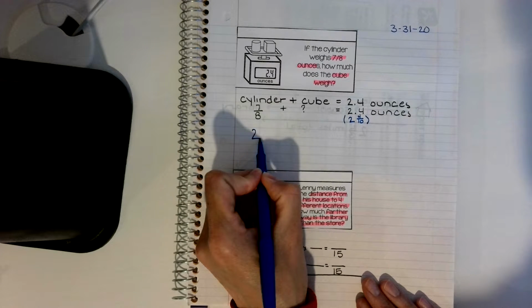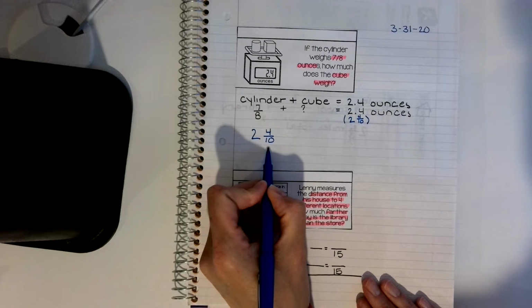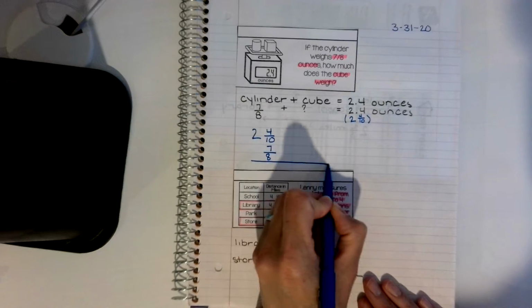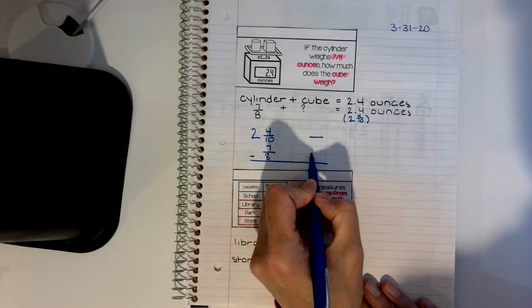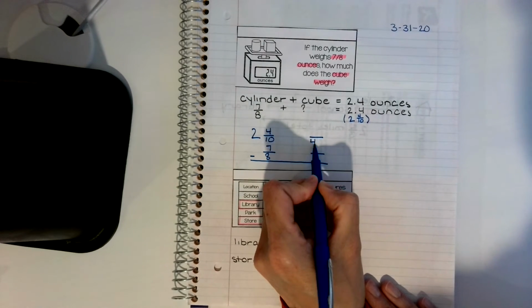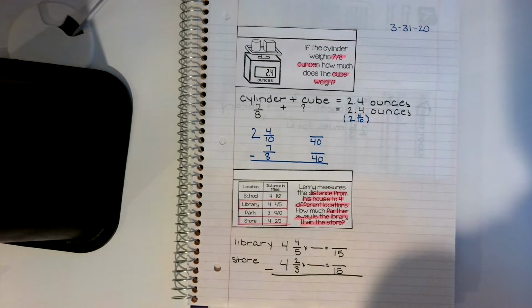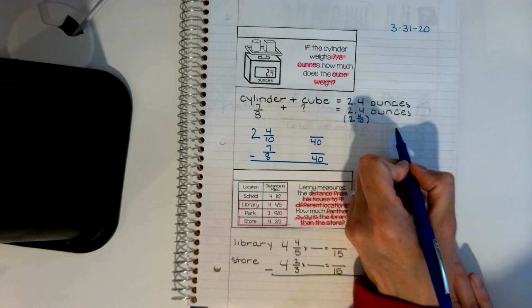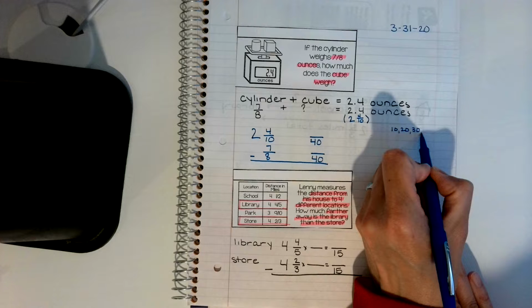So 2 4/10 minus 7/8. And we're going to subtract. Well, 10 and 8, 40 is your common denominator. Because if I wrote out my multiples of 10: 10, 20, 30, 40.